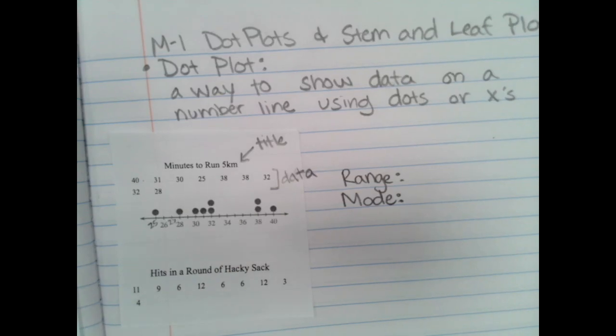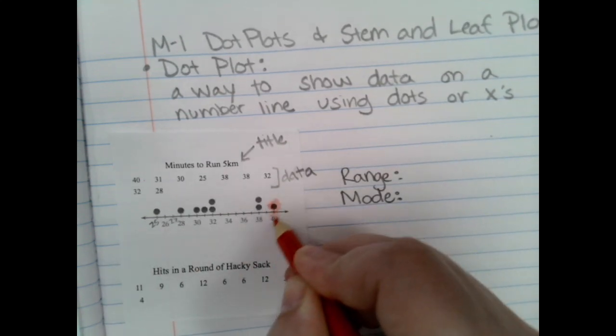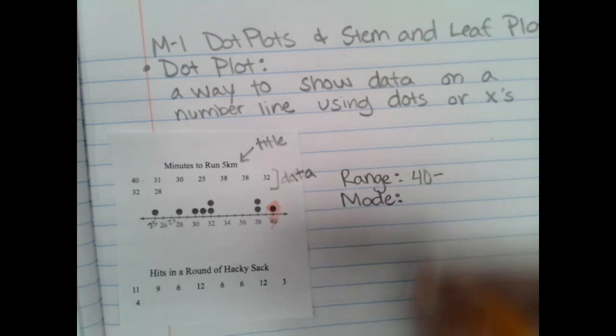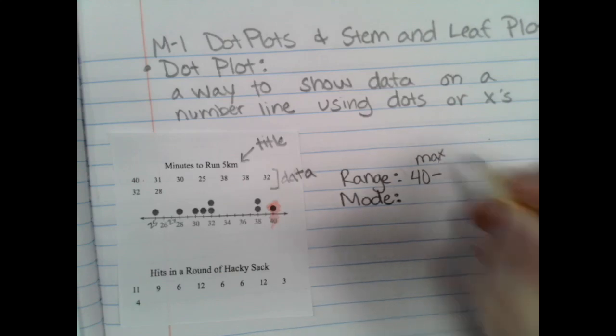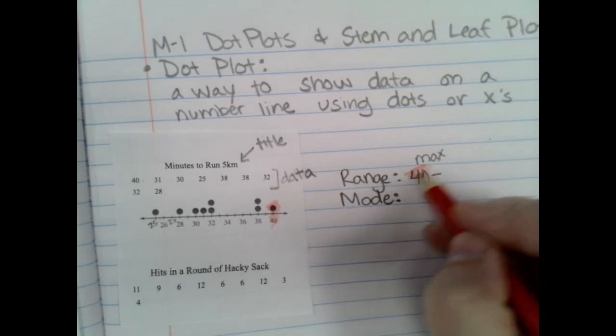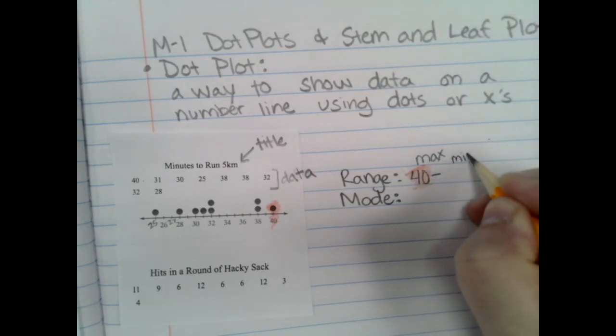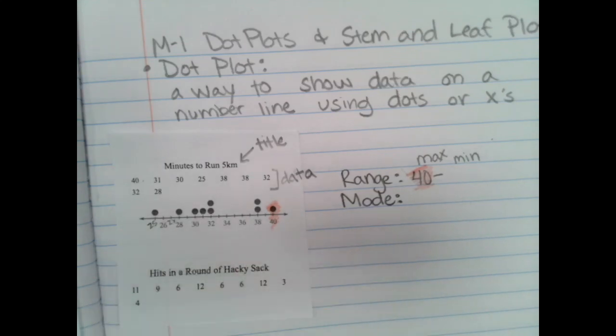So to find range, what 2 numbers do we need to find first? Good, our minimum and our maximum. What is our maximum? 40. Good. And that's our maximum, minus, what's our minimum? Good, 25.